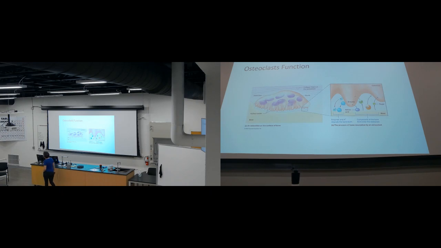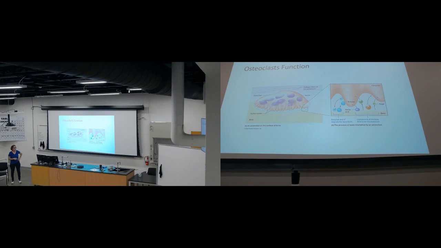The osteoclasts are made by the fusion of 2 to 3 macrophages. Macrophages are large cells, and then they fuse, and then you end up with a cell with multiple nuclei. It's large, has multiple nuclei, and then in one of the sides of these cells, you have something that is called a ruffled border.